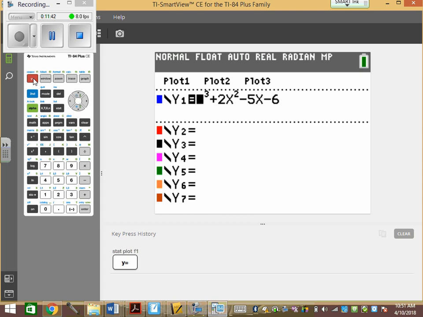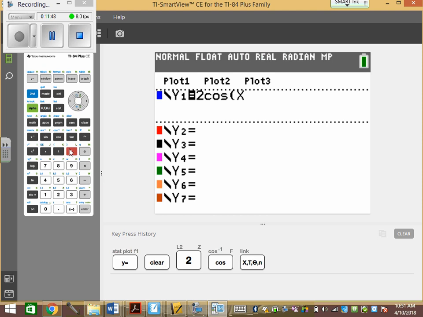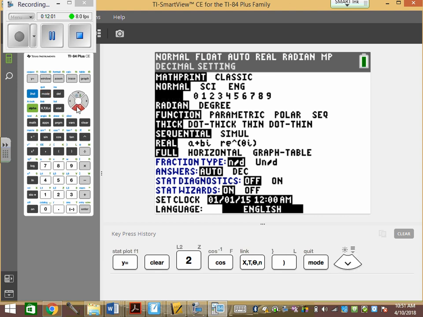Okay, so what was our equation? 2 cos x. I pressed the cos button, so what do I need to make sure I'm in? The correct mode, okay? For this instance, we're going to do degrees, just to understand it a little better. So I'm going to go mode, go to degree, and hit enter.